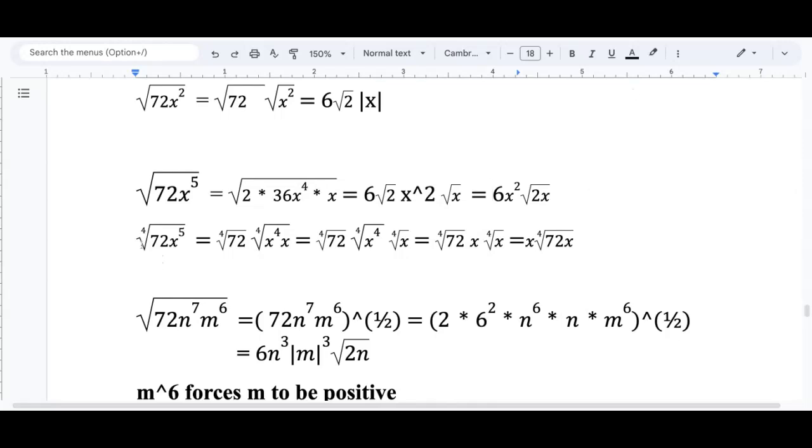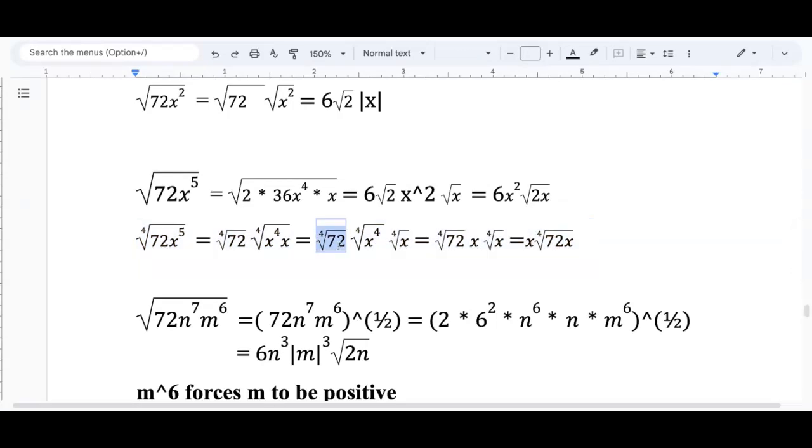Okay. So the next one is similar, right? The fourth root of 72 x raised by 5. 72 is 2 times 36. 36 is 6 times 6. So we have 2 cubed, we have 3 squared. We have nothing raised by 4. So we just keep the fourth root of 72.